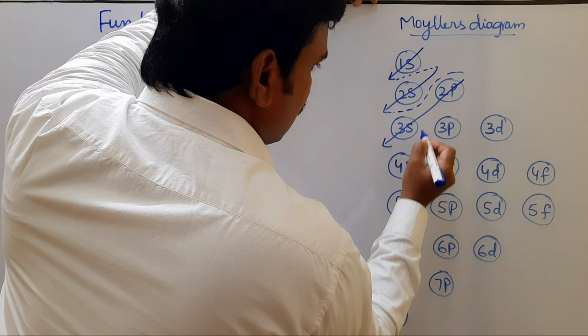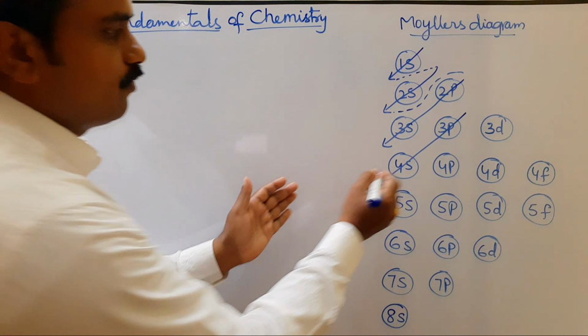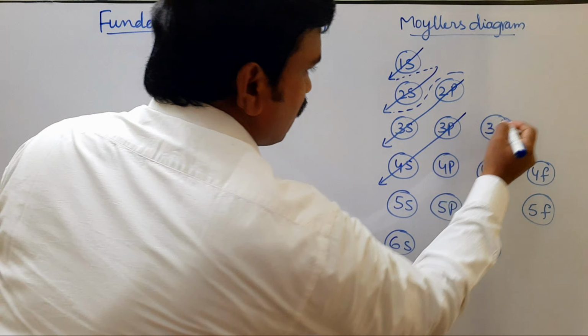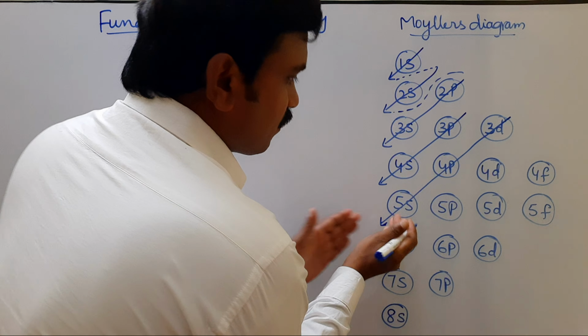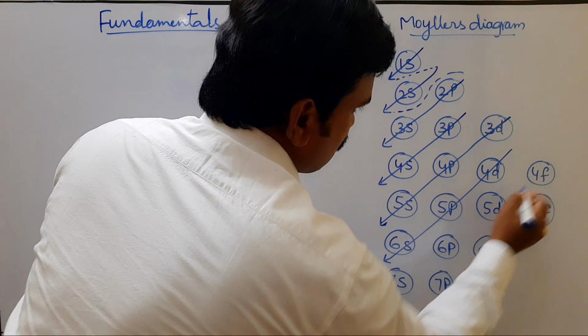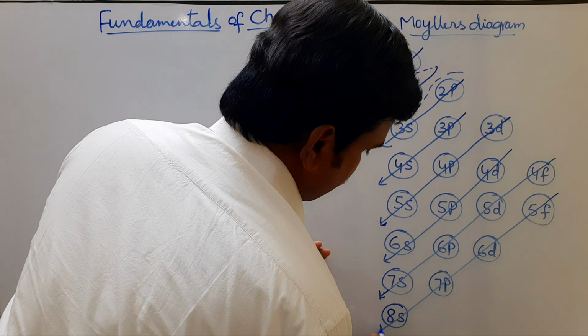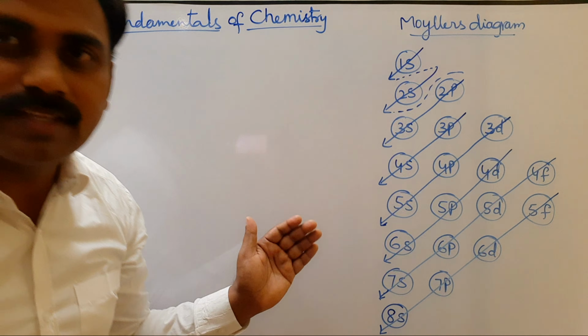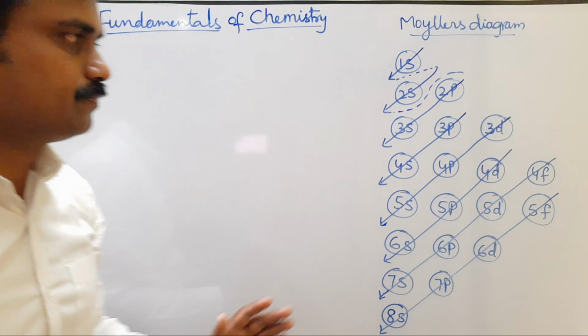After 3s, electrons enter 3p, then 4s. After 4s, electrons enter 3d, 4p and 5s. After 5s, 4d, 5p, 6s, and like this. This is the Euler's diagram. To write the electronic configuration of any element, we should follow this order.